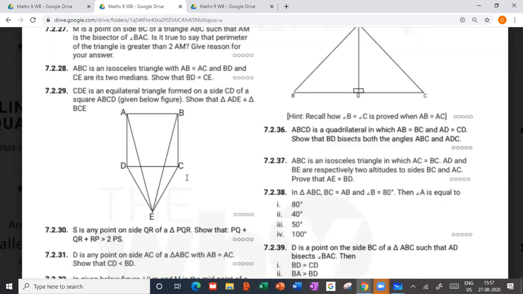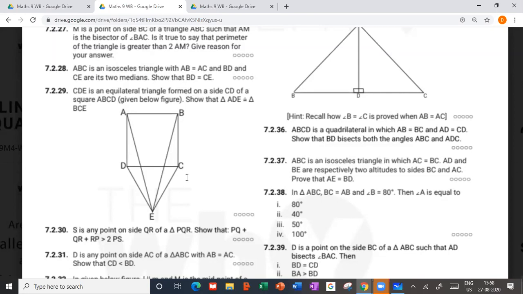So we can say all the sides of the equilateral triangle and the square are equal. Therefore, we can say DE and CE are equal, as it's an equilateral triangle, and AD equals BC as it's a square. Now we have two sides, so we have to find an angle. Angle ADC equals 90 degrees, and EDC will be 60 degrees because it's an equilateral triangle.